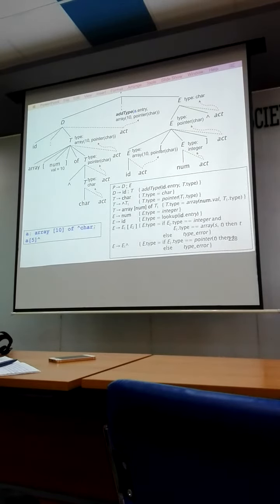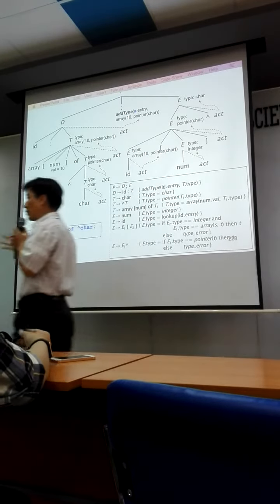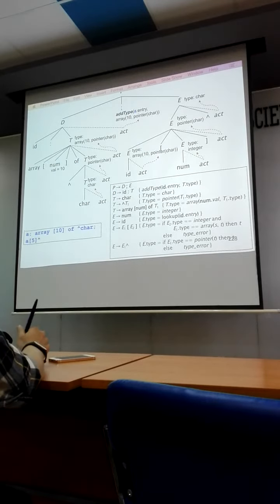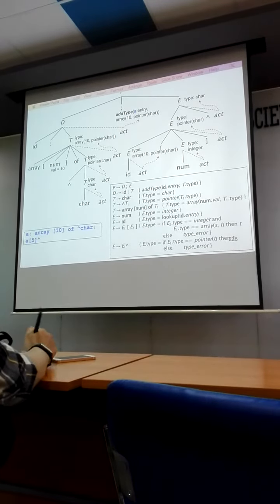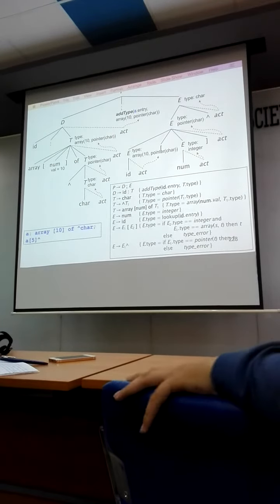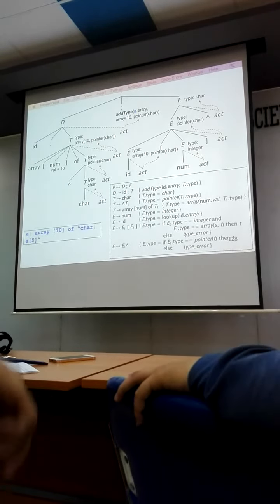Okay, once again, we use the post-order traversal of the parse tree to simulate the running process. Running process in this case is to perform type checking. And what is the first semantic action?